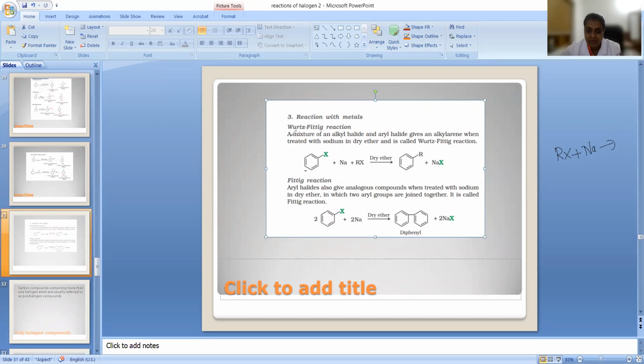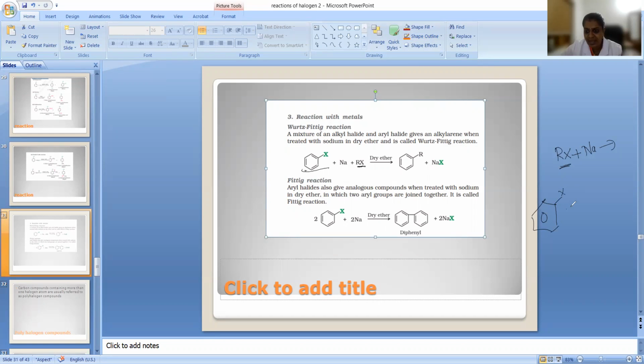So here, in the Wurtz-Fittig reaction, one is haloarene and one is haloalkane, whereas in the Wurtz reaction both are haloalkanes. So a similar reaction will take place.